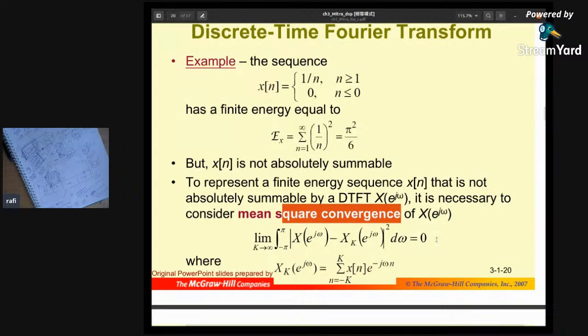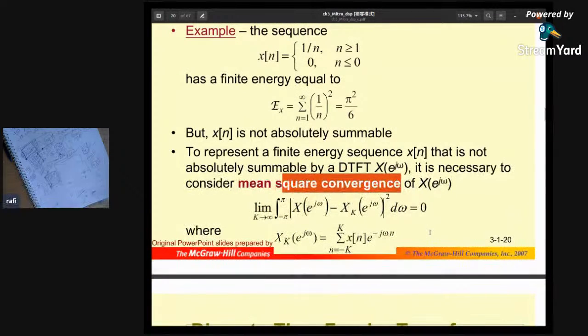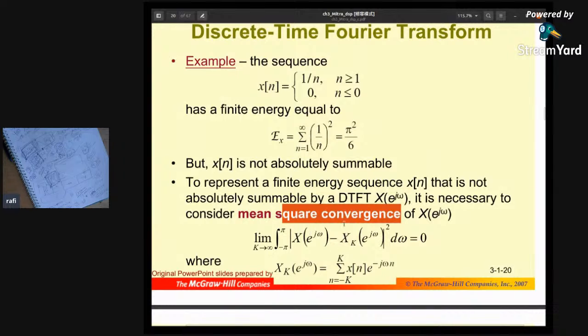The area under the square of that error will go to zero. We have some positive and negative regions over this frequency range, and the overall sum goes to zero as k tends to infinity. This is the second type of signal, where the signal is not absolutely summable.